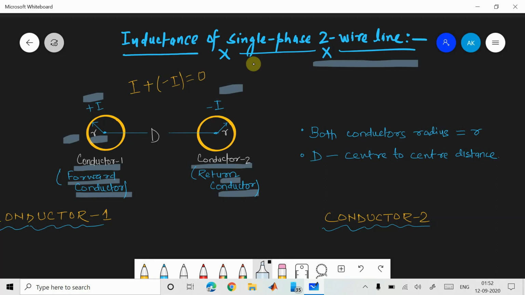We have assumed both conductors' radius equal to R. Both are of the same radius, and D here is the center to center distance.